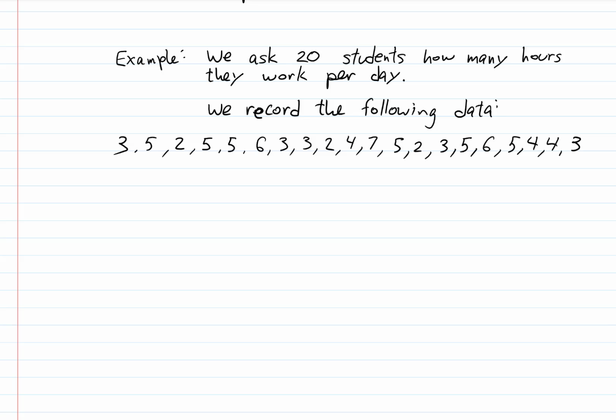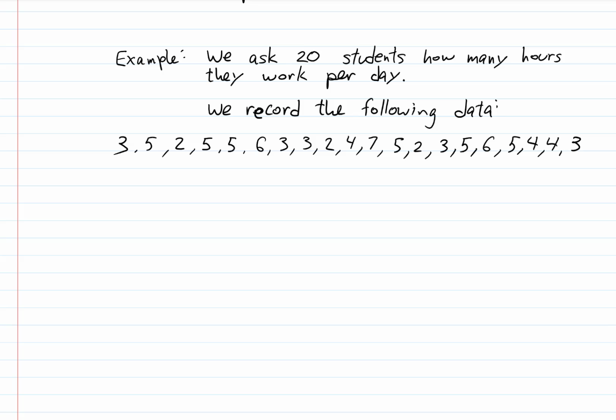Okay, so here's what we're going to do. We're going to make a table of the data. And there's no sense really in making 20 rows in the table because a lot of the numbers show up multiple times, right? Like, look at the number 2s. There's 3 of them. I don't need to make 3 rows in my table and write 2 in each row.